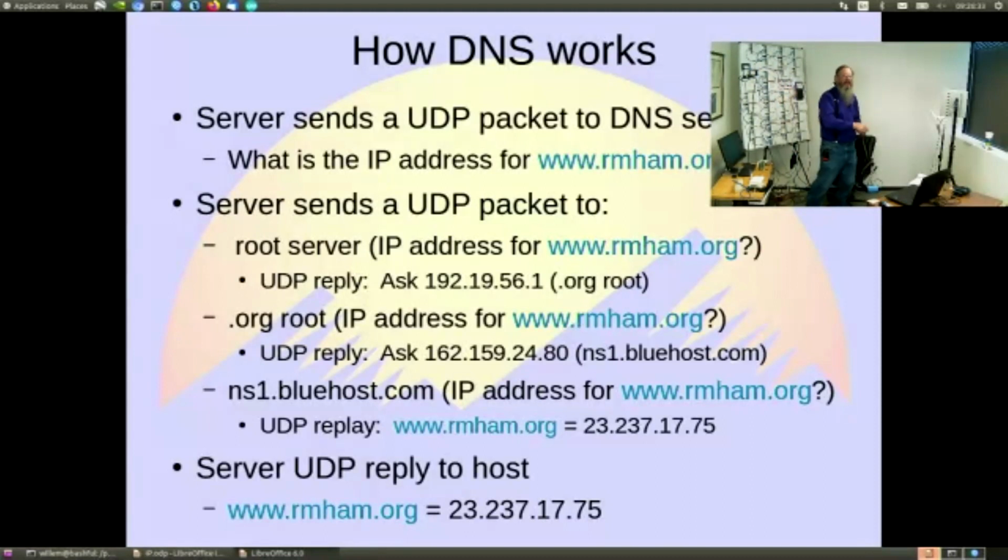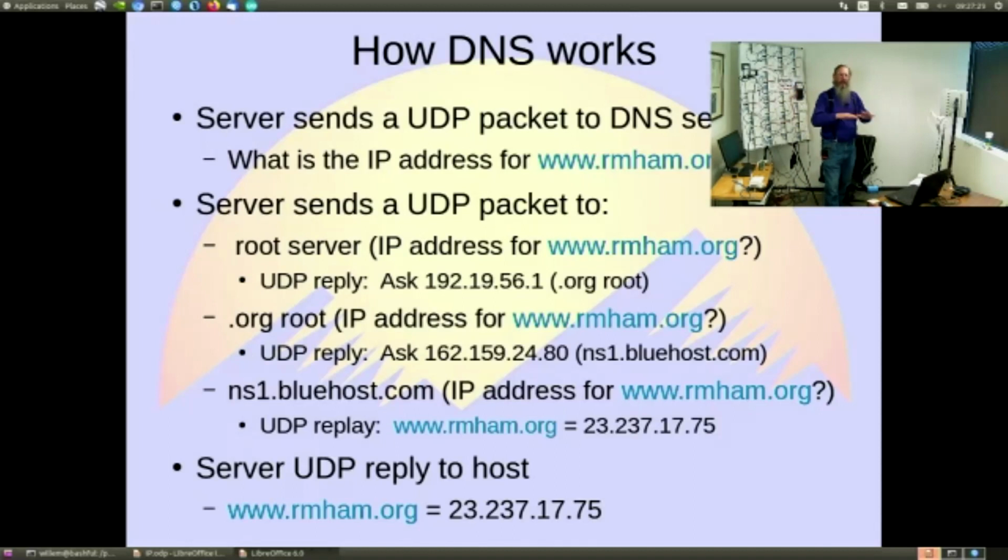It then sends a packet to that server and says, can you tell me what the rmham.org address is? And it will say, yes, it's 23.237.17.75. The server then remembers that result for future reference, typically for a day or so, and then sends back the answer and says, www.rmham.org is 23.237.17.75.